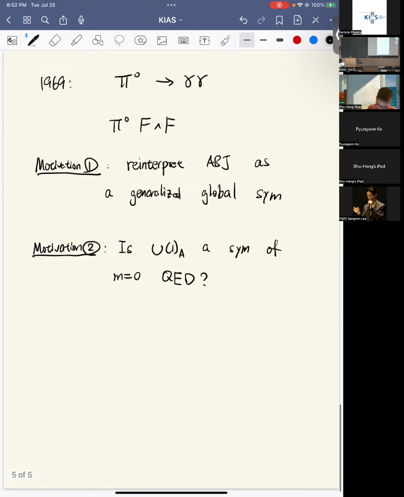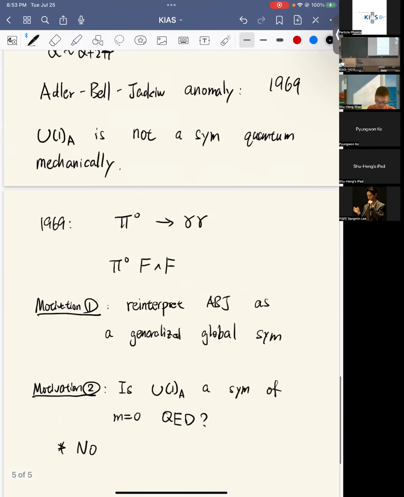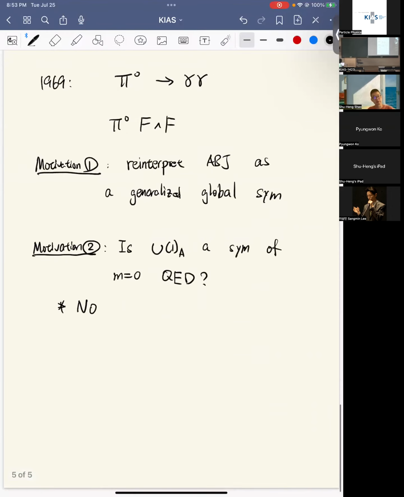And people even say that the correct answer is that it's both yes and no. And that's really the worst answer you can expect from a yes or no question. People who say no say it is because there's no conserved current. The conservation equation is anomalous, as I will review later, so there's no global symmetry.